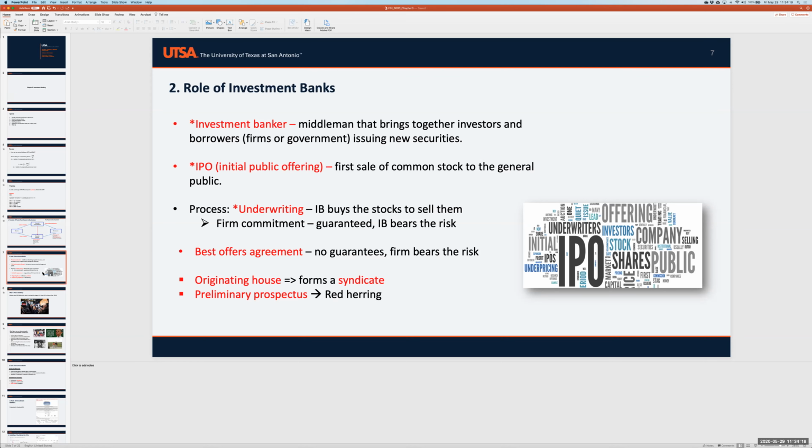And they have best efforts agreements, so they don't give any guarantee, but they try to sell all stocks to the public, to the investors, and the firm bears all the risk. So it could be a failure, like there are plenty of failures of selling stocks in the initial public offering.